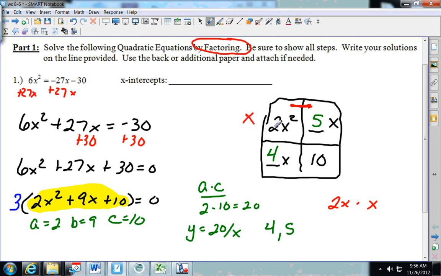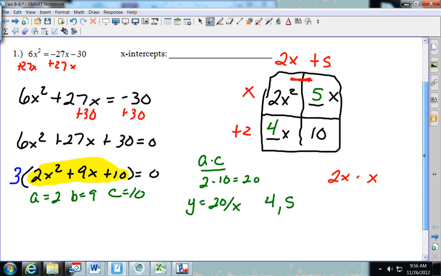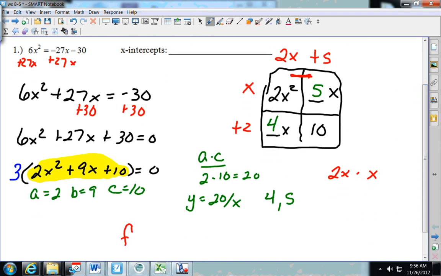So if the 1x goes here, what goes above it? 2x. Now, x times what gives you 5x? Plus 5. 2x times what gives you 4x? Plus 2. Now, the factors are x plus 2 times 2x plus 5.